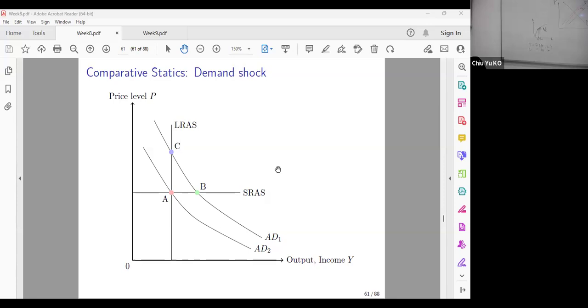That means the demand goes up from AD1 to AD2. In the short run, it will go from A to B. So you increase the demand, and the GDP goes up for a short while, but in the long run, you go back to C, okay?